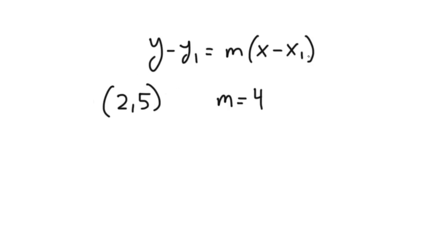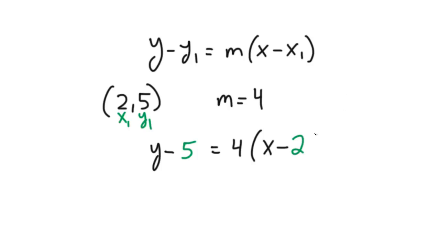Okay, so let's make this x1 and y1, and then we're going to plug it in. So my equation will become y minus the y1, which is 5, equal to the slope, which is 4, times (x minus the x1, which is 2).